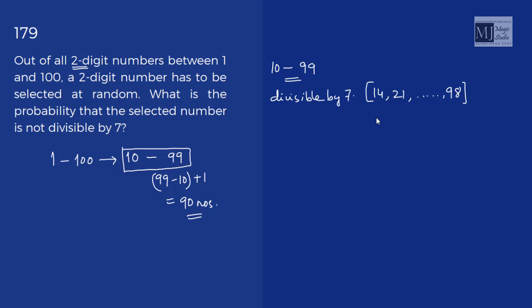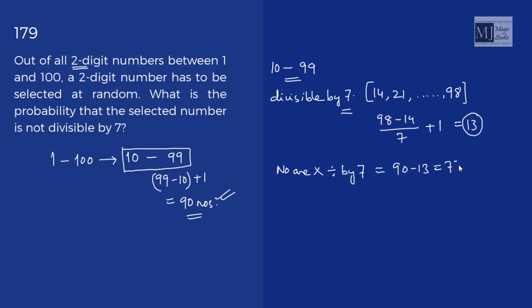So how many numbers are these? 98 minus 14 by 7 plus 1. 84 by 7 is 12 plus 1 is 13. 13 numbers are there between 10 to 99 which are divisible by 7. Now how many numbers are not divisible by 7 out of these 90? Those are 90 minus 13, that is 77.